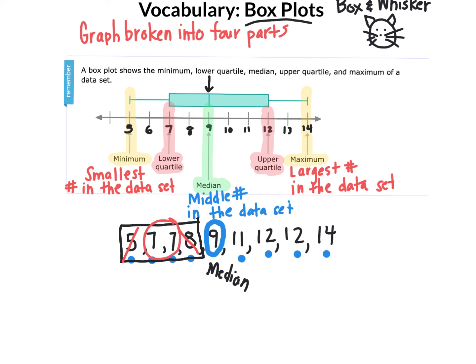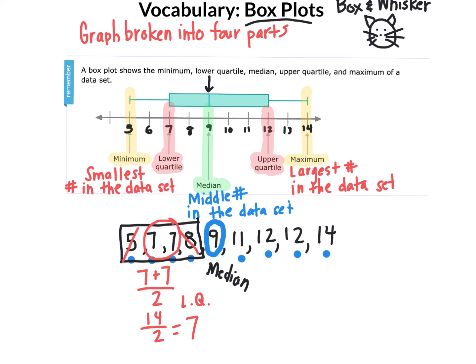And you guys remember what to do if you need to find a median and you have 2 numbers. You're going to add them together, then you're going to divide by 2. So in this case, 7 plus 7 is 14, and divided by 2 is 7. So my median is 7, okay? But we don't call it the median because it's just the first half. We call it the lower quartile. Okay, so my lower quartile is 7.